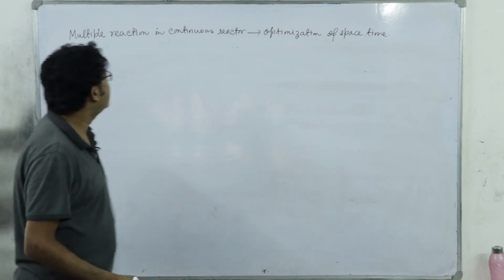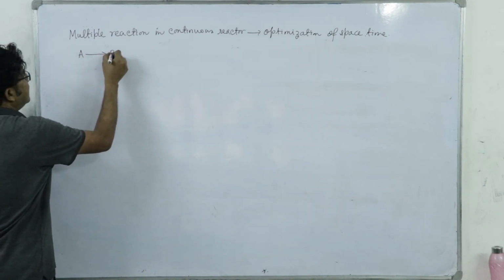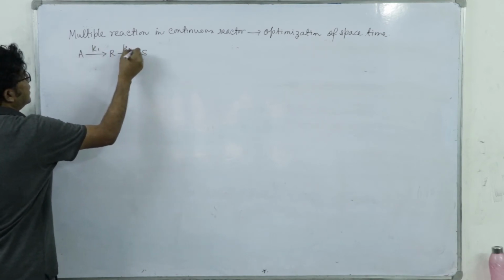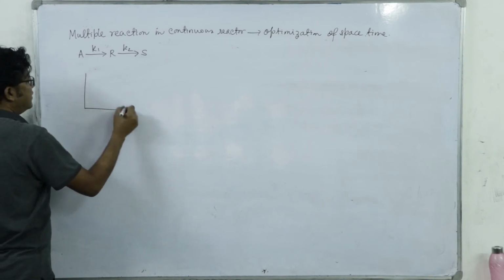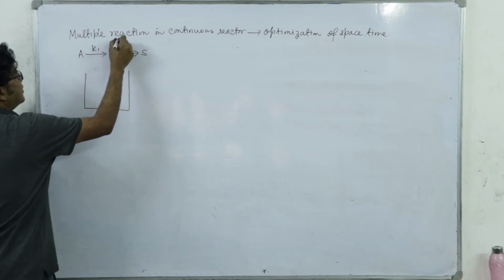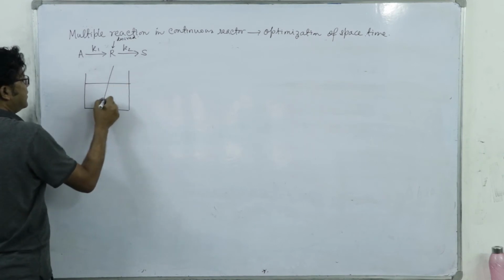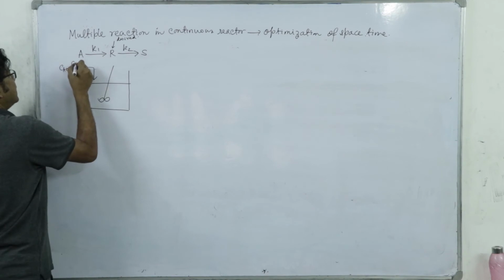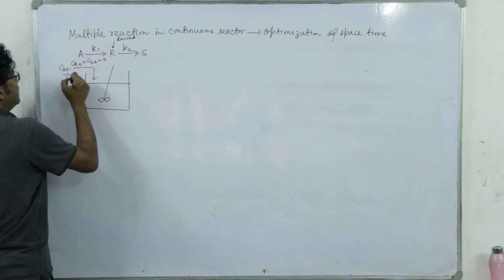Right. So let's say a series reaction, A giving R giving S, first order reaction, K1, K2, and it's taking place in a CSTR, and R is the desired product. We are given CA naught, CR naught equal to CS naught equal to 0. Volume flow rate is V naught.